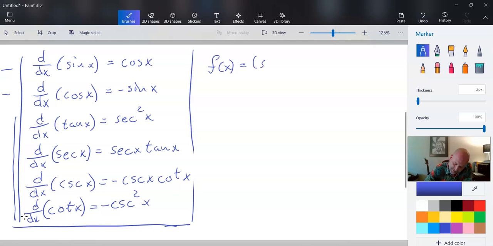So let's look at secant x minus tangent x times secant x plus tangent x. Okay, now I'll give you a hint before you pause this here. There are things you can do to make this look a lot easier. So pause it here and see what you can do.